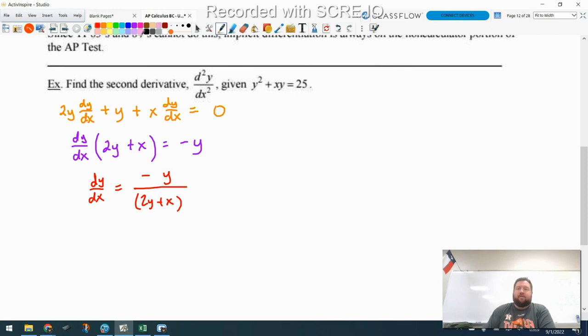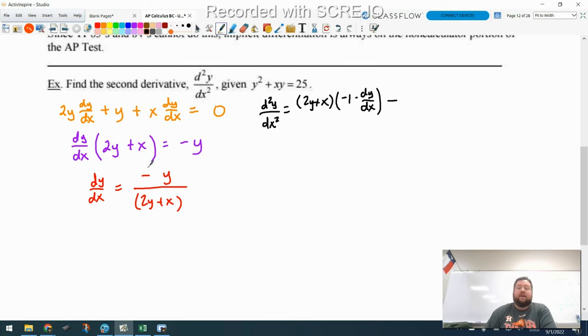Okay, so now for the second derivative, we need to do a quotient rule on this. Okay, so second derivative is equal to low d high. So low is 2y plus x. D high, negative 1 times dy over dx. Again, I did not need to write my 1 there because I knew that it was, but I'm just trying to be as clear as possible on this first example.